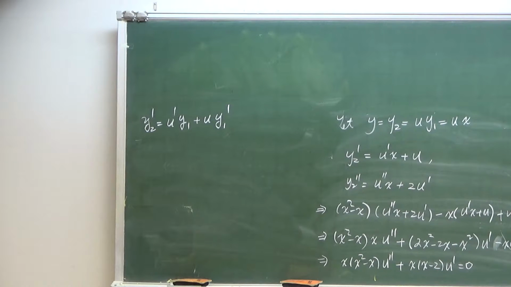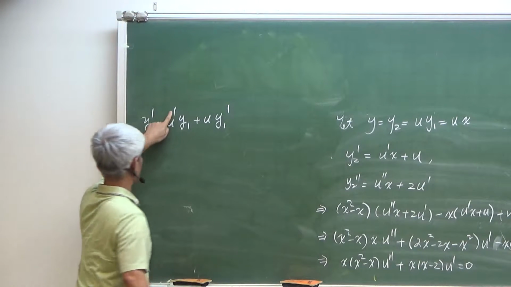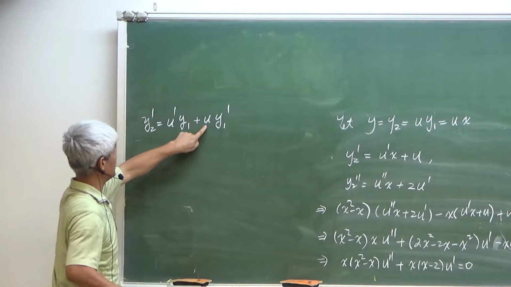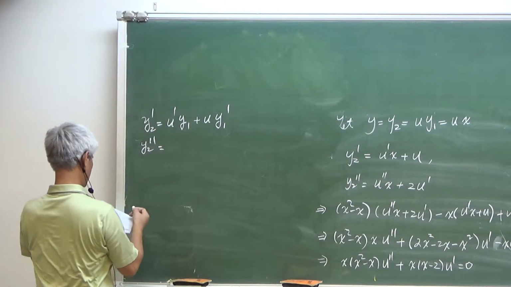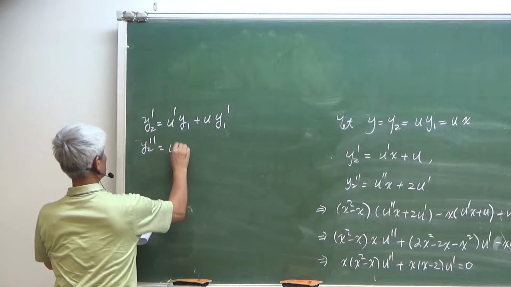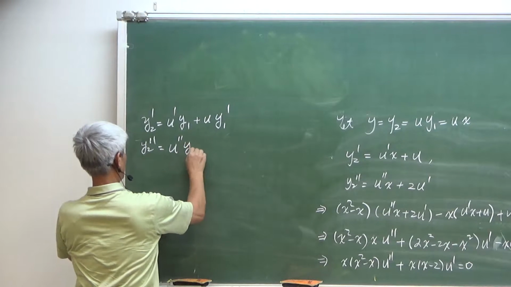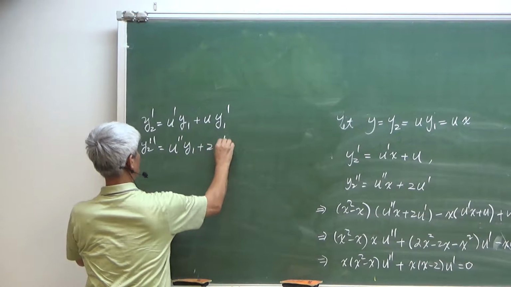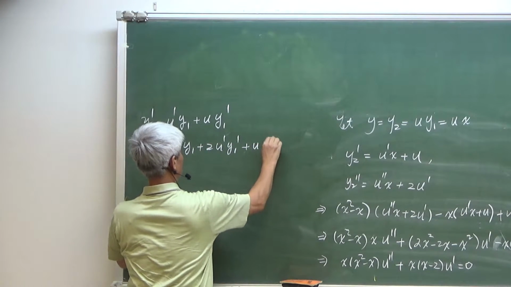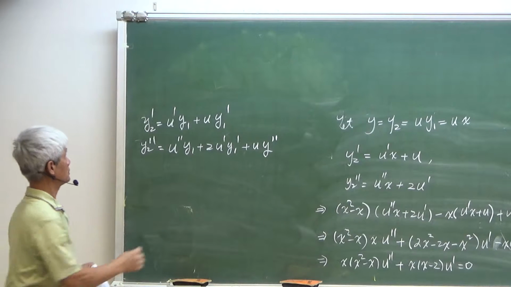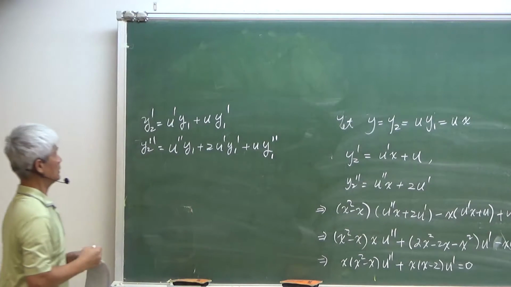And y2 double prime is equal to u double prime y1 plus 2u prime y1 prime plus u y1 double prime. Okay?